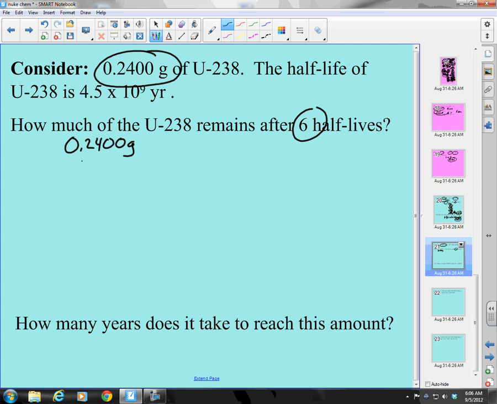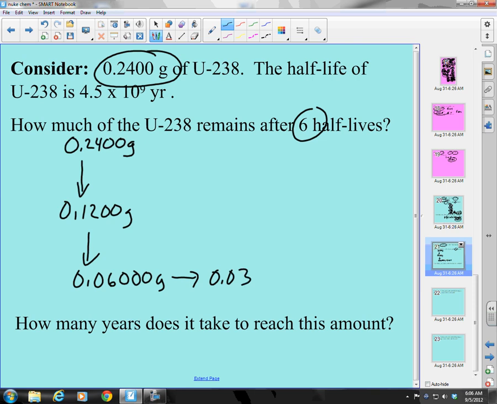Okay, so that means 1 half-life, and after 1 half-life I have 0.1200 grams. 2 half-lives, 0.06000 grams. 3 half-lives, 0.03000 grams. 4 half-lives, 0.01500 grams. 1, 2, 3, 4, 5 half-lives, 0.00750 grams.